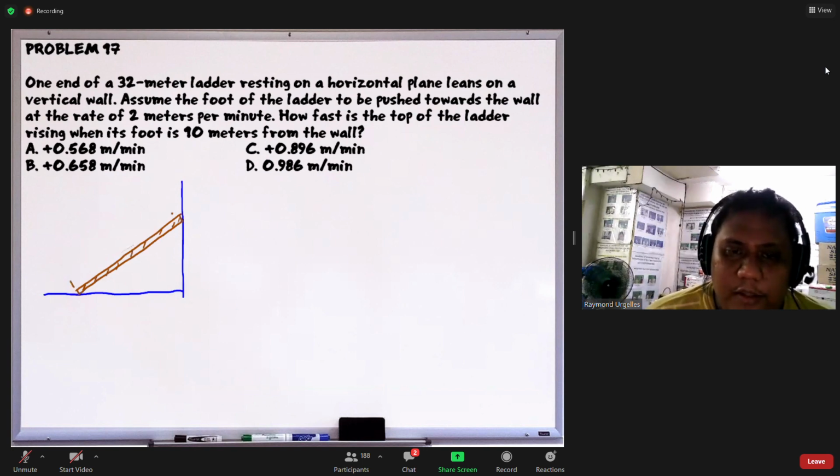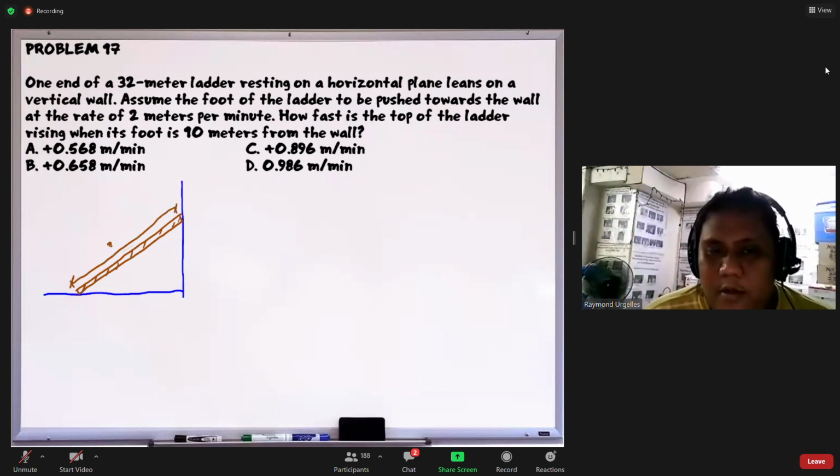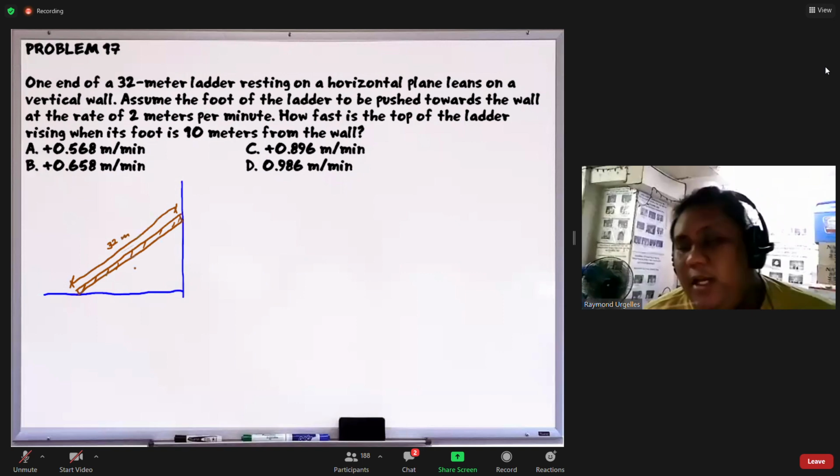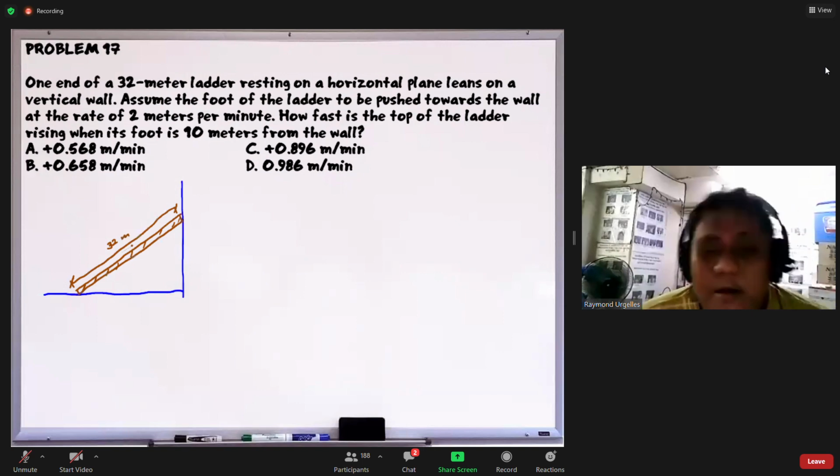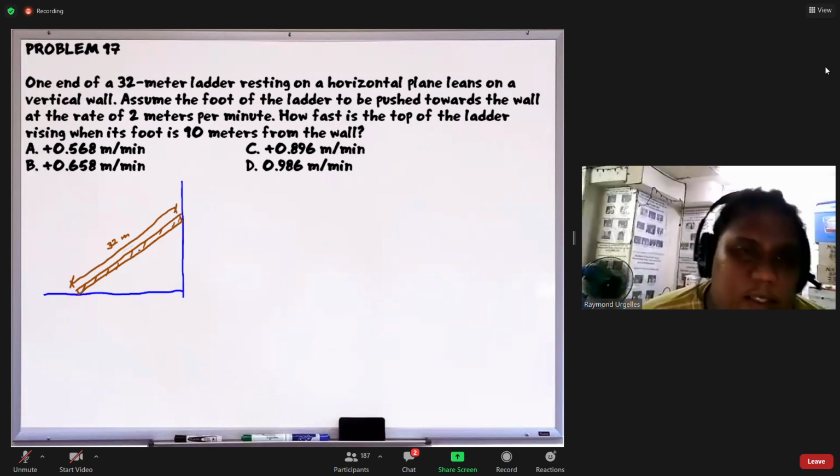So yung length nito, okay, this length. So this is 32 meters. No? And syempre yung assumption natin dito is the ladder will not break. That's one. And pangalawa, diba? Yung ladder natin is hindi na-stretch, no? Hindi siya nagbe-bend, etc. Kumbaga straight lang siya. Okay? Nakuha ba? Again, that's the basic idea.